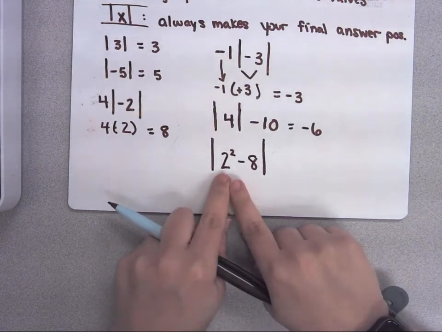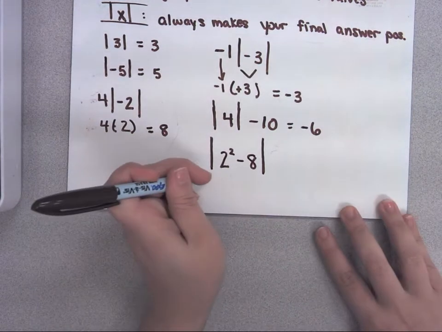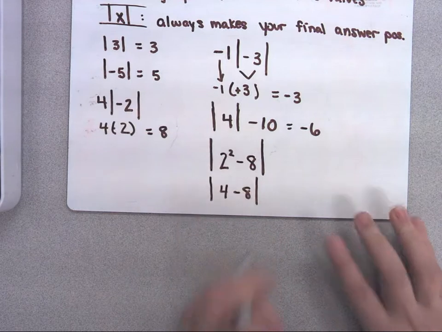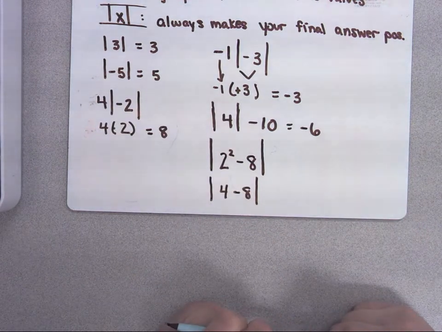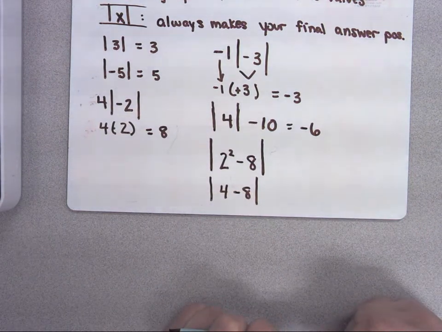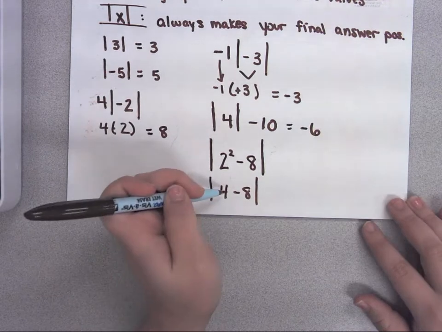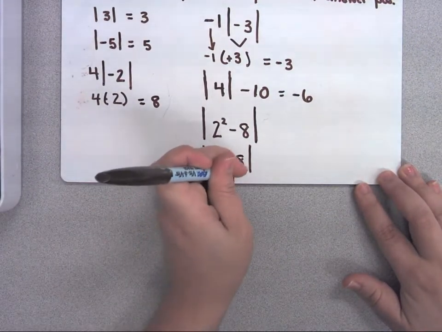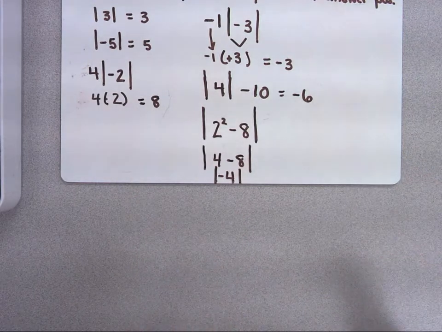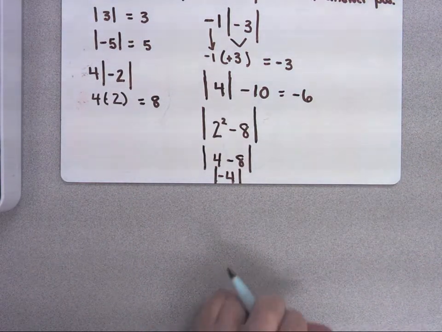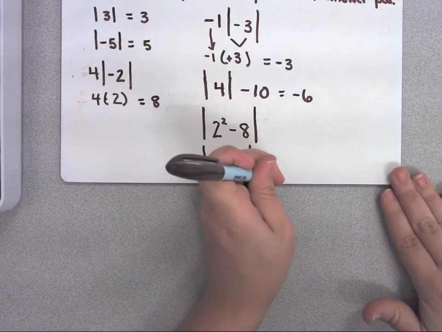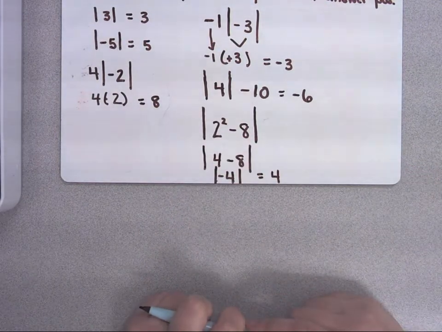Yep. What's 2 squared? 4. So I keep my absolute value. So that's 4 minus 8. Now what do I do? Yep, do the subtraction. So what's 4 minus 8? It's negative 4. I still have my absolute values. Now that there's one number, you can do the absolute value. So what's my final answer? Just 4. Does that make sense?